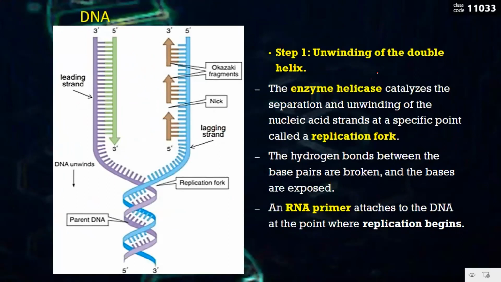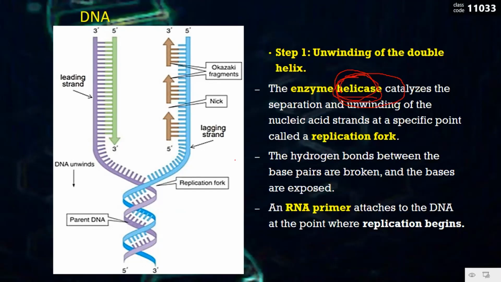How? Paano? Through the use of an enzyme called helicase. Okay? Helicase. From the word helix. Diba? It removes the double helix. That's why it is called helicase. Okay? It separates. It unwinds our double helix.